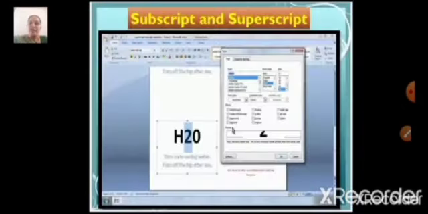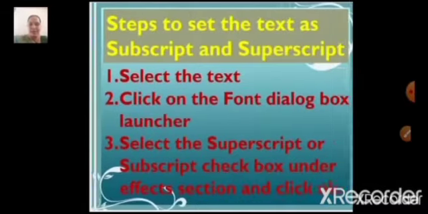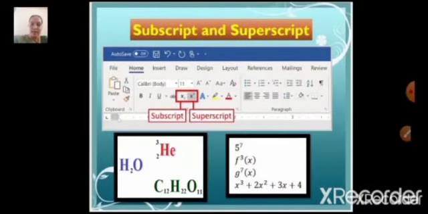You get the font dialog box. There you can click on the checkbox of superscript and subscript. This is one way, and the second way, after selecting the text, directly you can click on the superscript and subscript option which is present on the home tab of the ribbon.